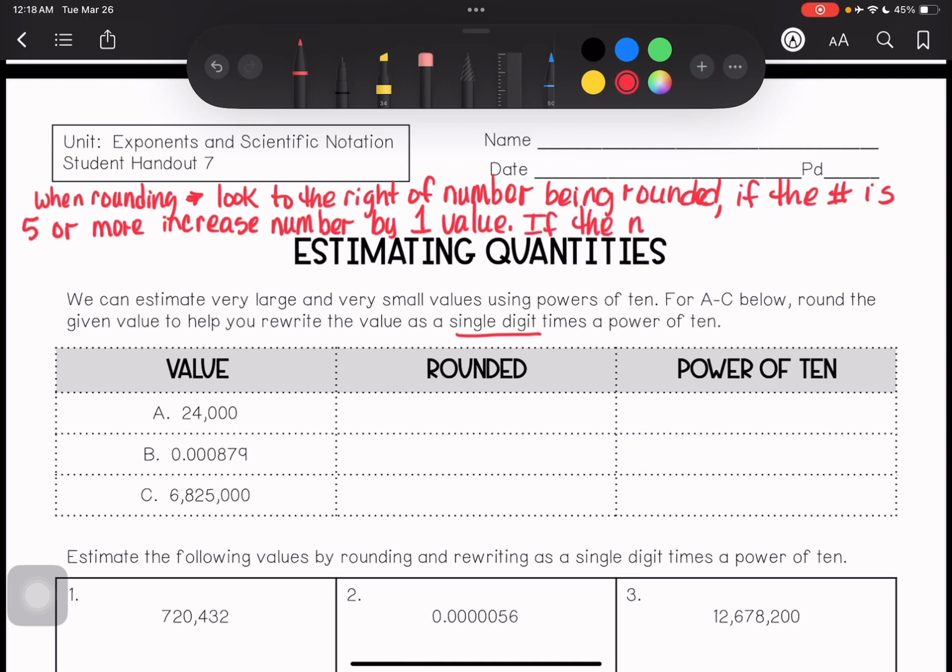If the number is 4 or less, leave the value the same.